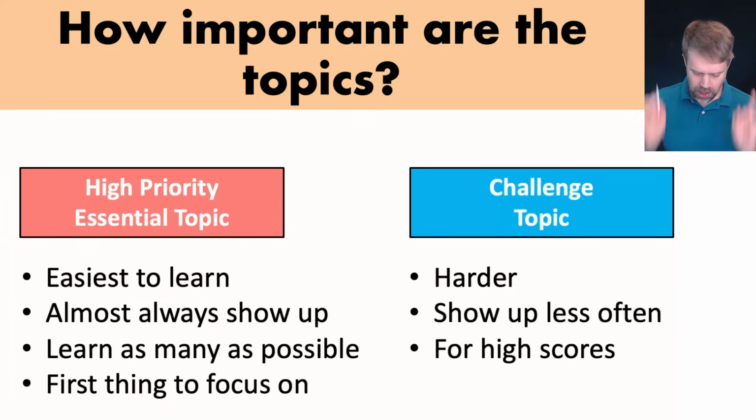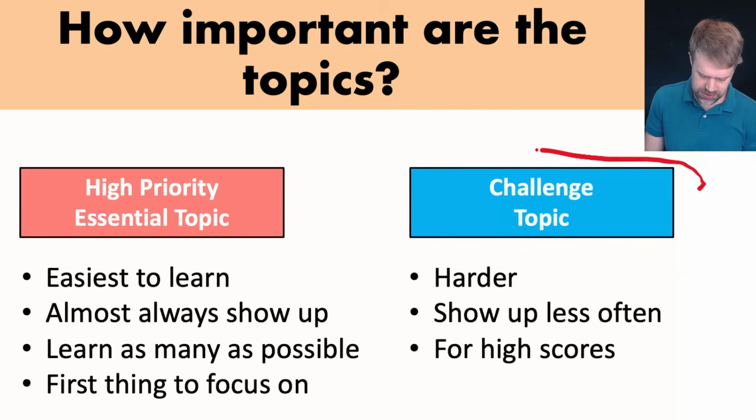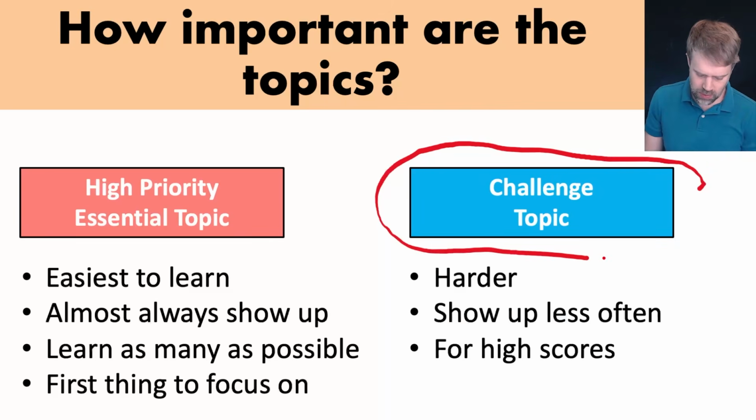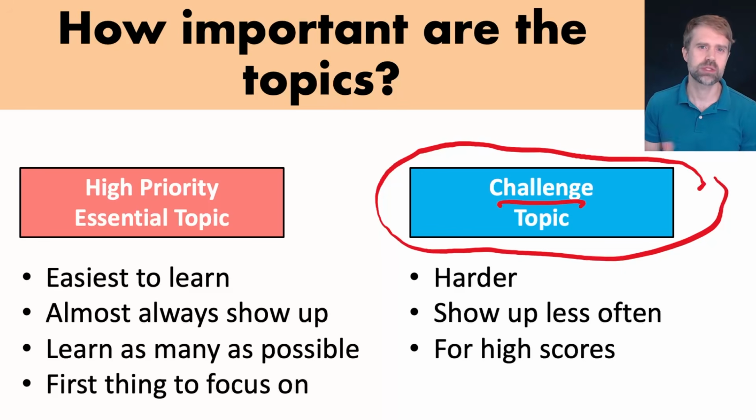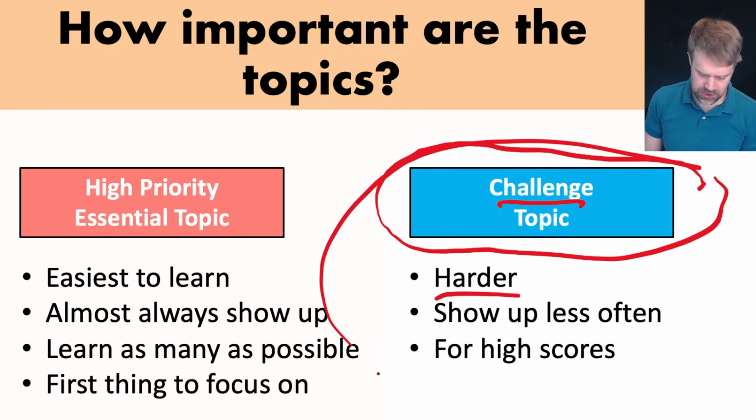Now, some other questions on the test, we'll talk about this, are going to be on what I call challenge topics. These challenge topics are usually harder. They show up less often, they're kind of more random, they're harder to predict, and they're harder to learn. And if you want a really high score, you just want to knock it out of the park, you're going to need to work on some of these challenge topics.